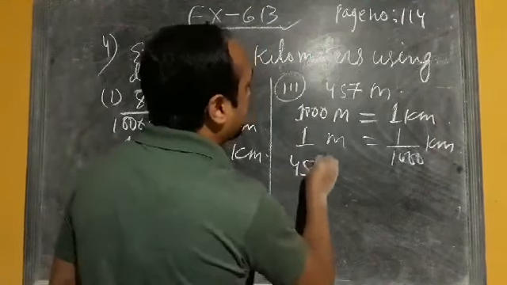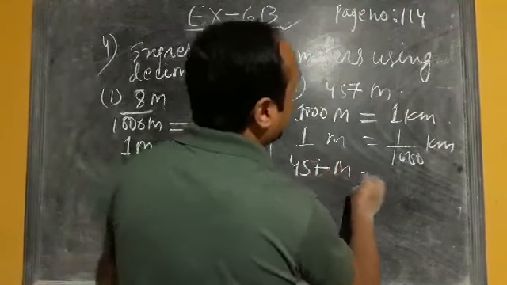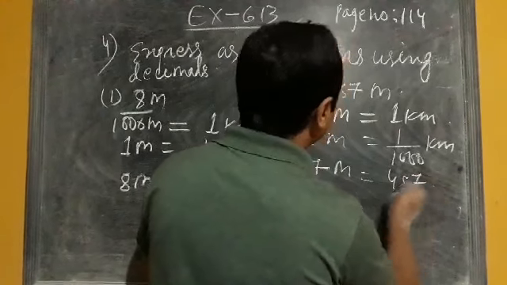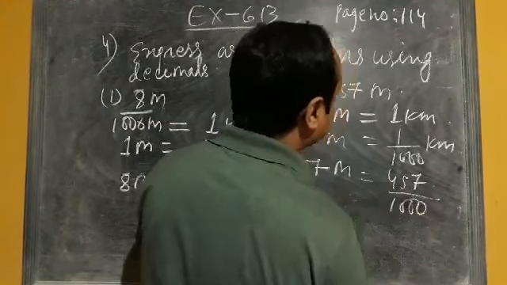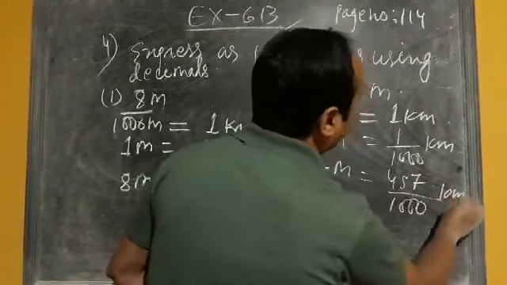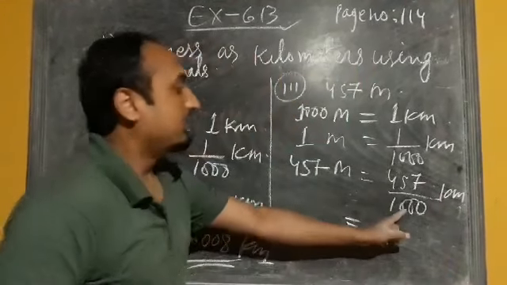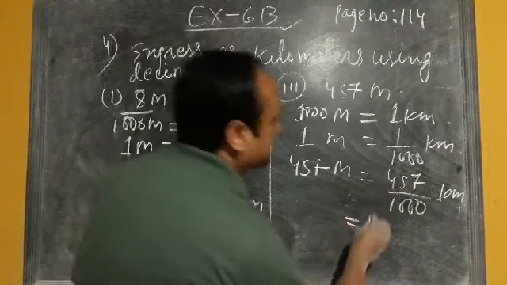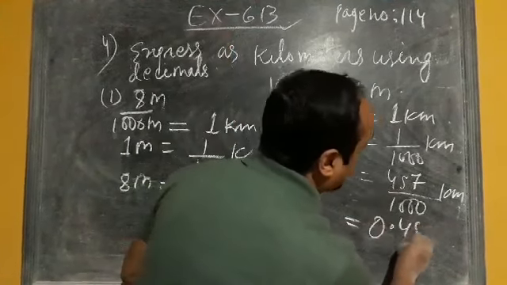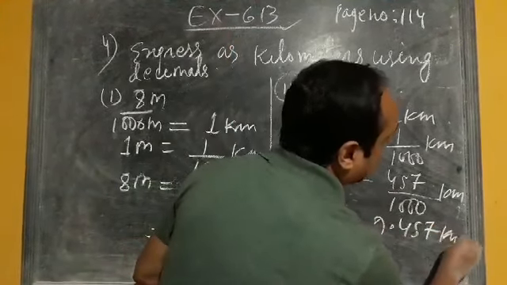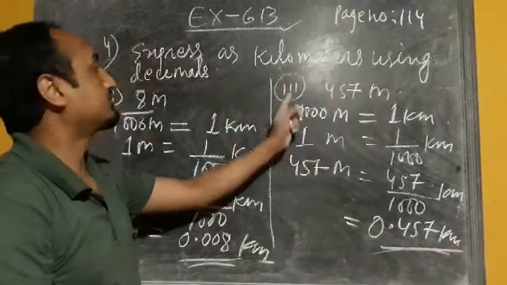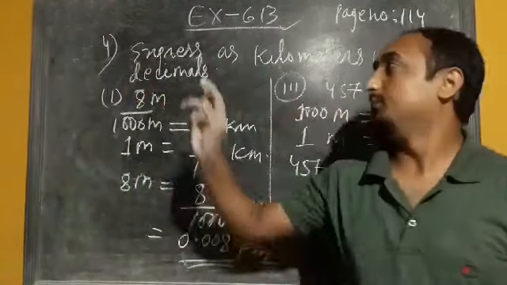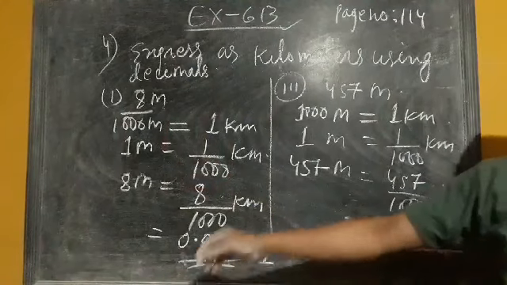So 457 meters can be written as 457 by 1000 kilometer. Now 3 zeros we have, so after the decimal we have to write 3 numbers. So this can be 0.457 kilometers. This is the answer for the second part of question number 4. Now I will start question number 5.